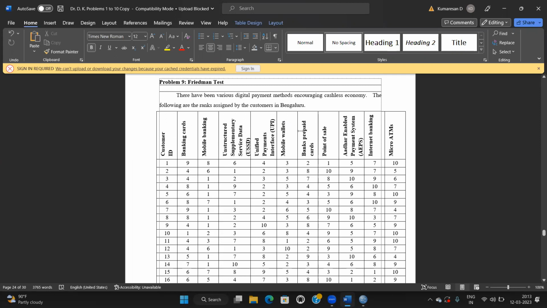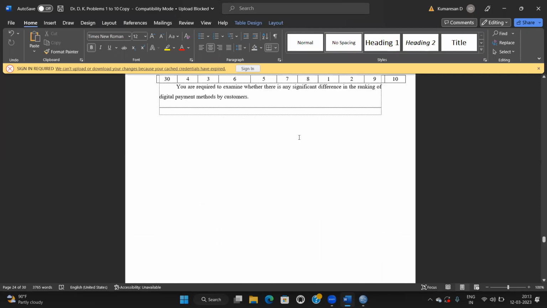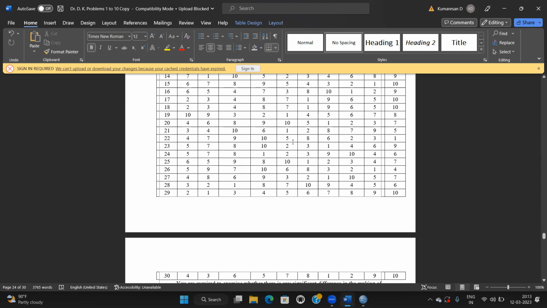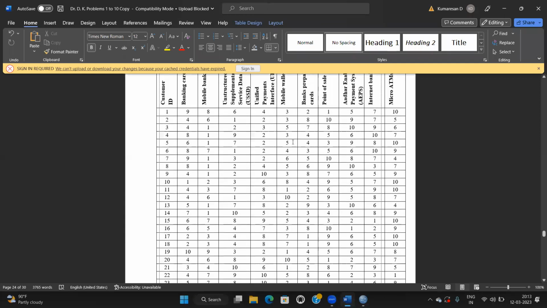So we call it K-related samples. Now come to the question. You are required to examine whether there is any significant difference in the ranking of digital payment methods by customers. You have to check this.